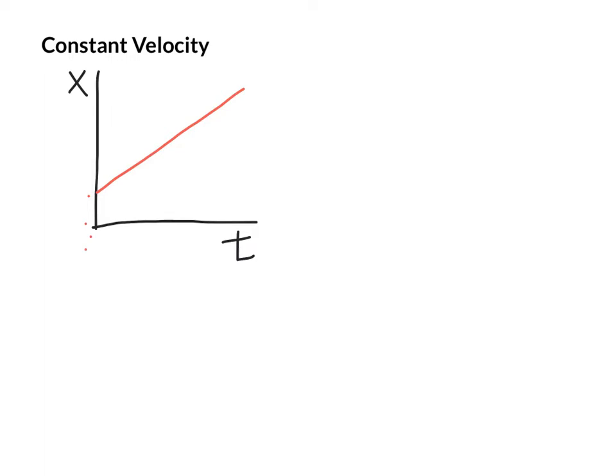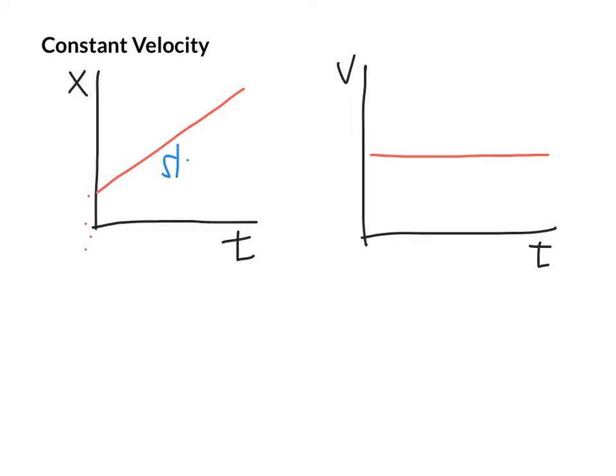And we also know that if it's a constant velocity, then if we were to look at the velocity graph, we expect to see something that looks like this. For my particular graph, we expect to see a horizontal line. We've also learned that the slope of the position graph tells us the value of the velocity graph.